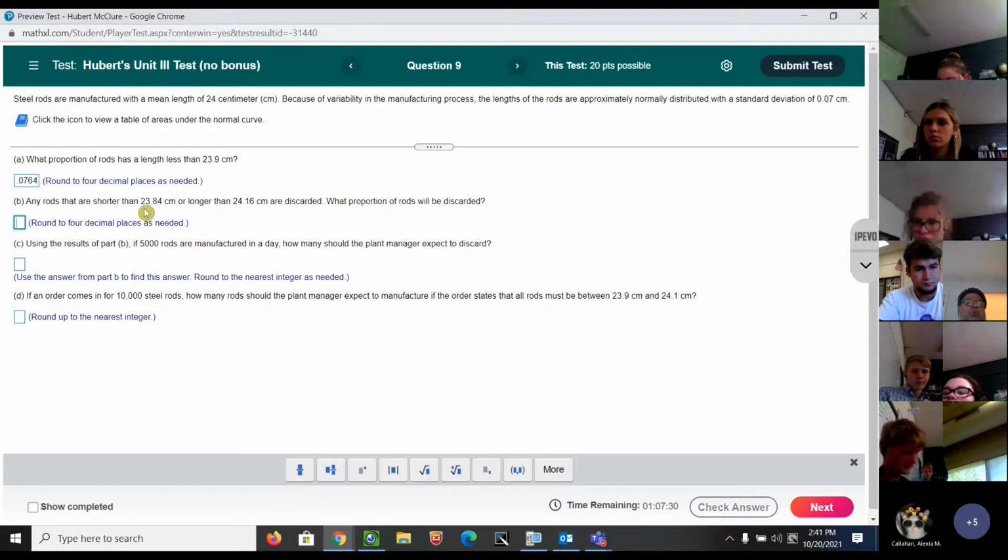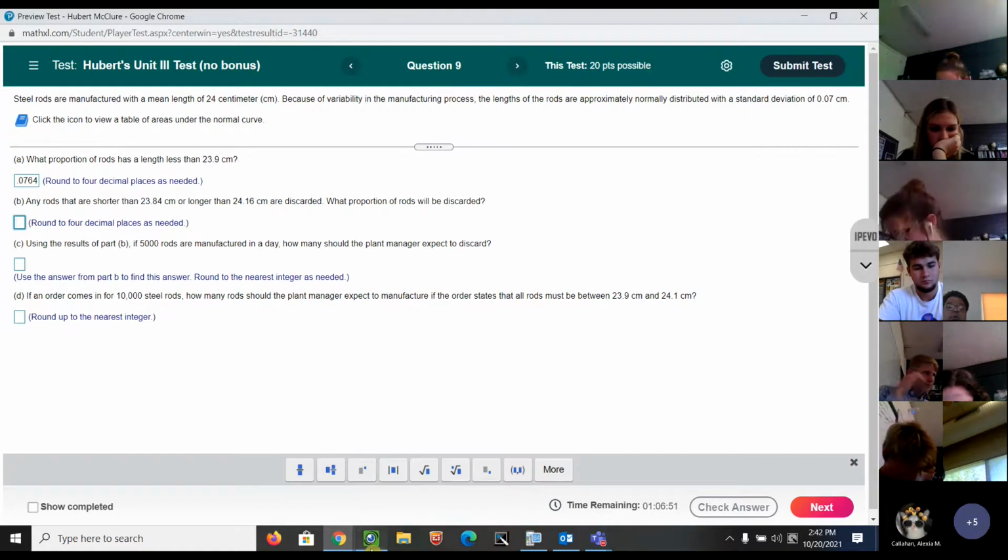Any rods that are shorter than 23.84 or longer than 24.16 are discarded. What portion of rods will be discarded? So length less than 23.84, and greater than 24.16.